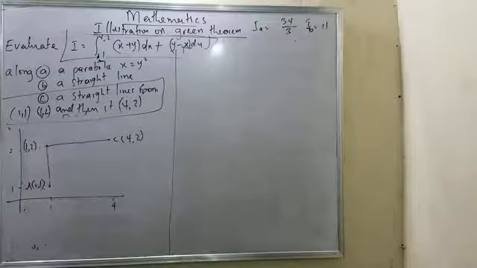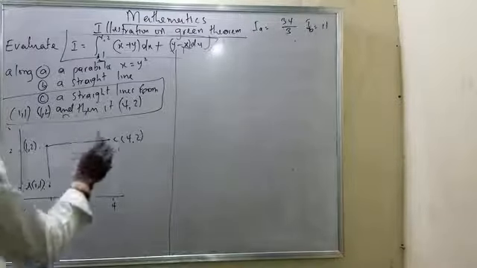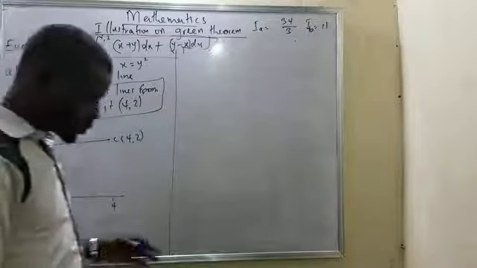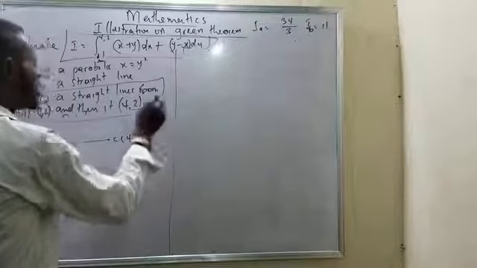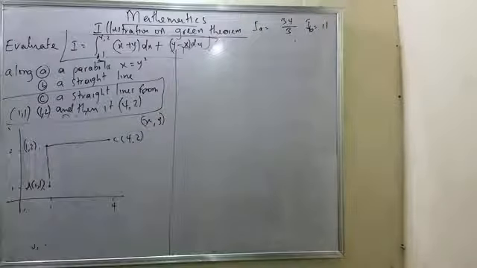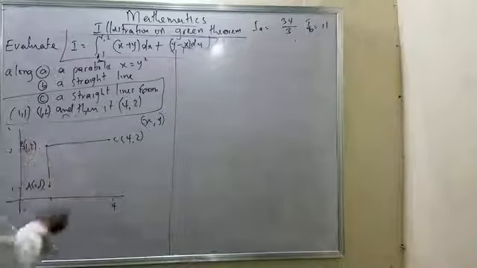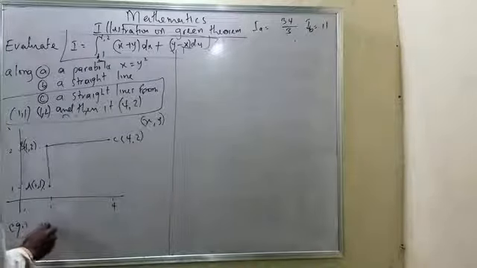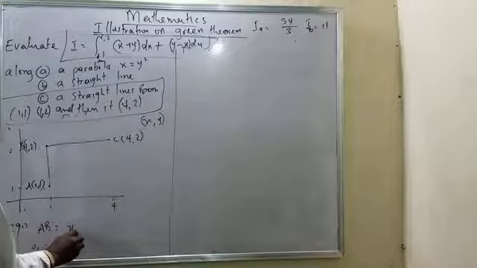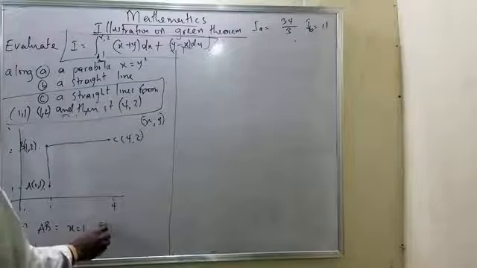It's a Cartesian plane with X and Y. Hope you know what coordinates are. We have done coordinates, which is where X interacts with Y. Now, because it's a straight line, this is B and this is C. It means for my equation AB, my X equals 1, my Y equals 0.